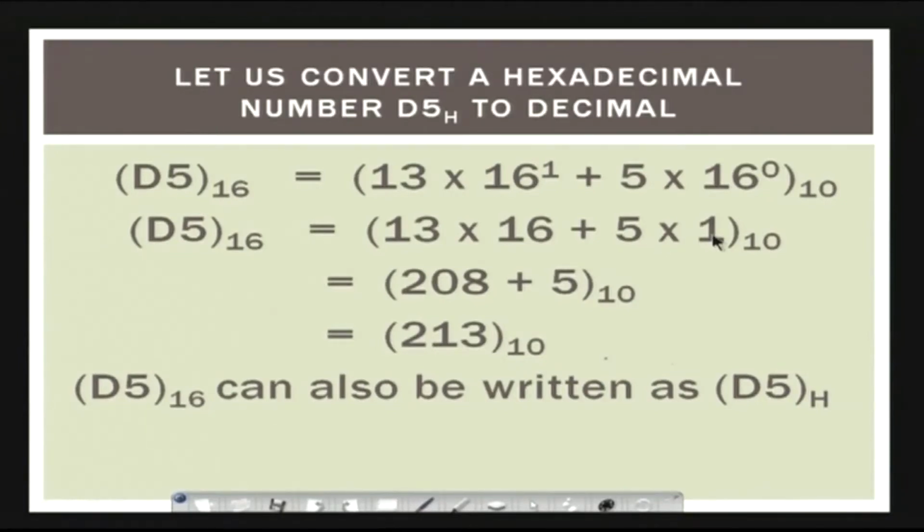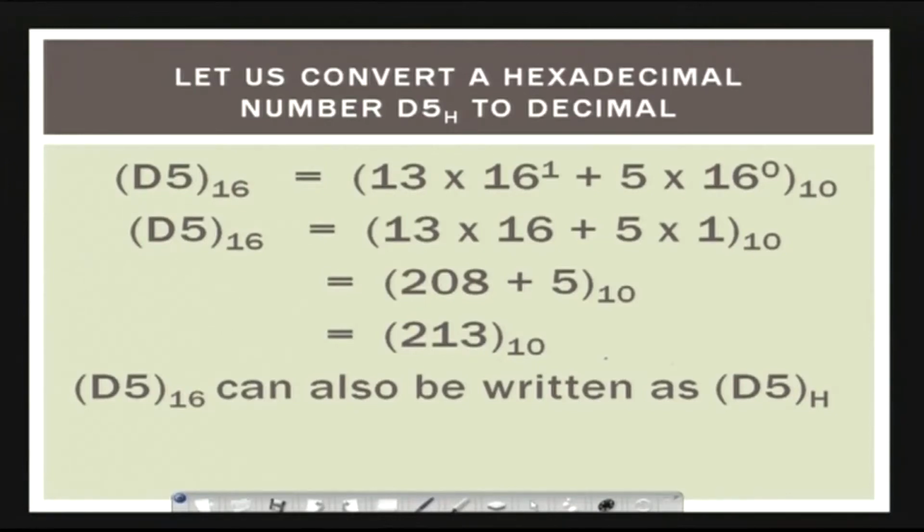So we get 5 into 1 and 13 into 16. 5 into 1 gives you 5, whereas 13 into 16 gives you 208. When we add the two, we get 213, which is a decimal number. So this D5 in hexadecimal form gets converted to 213 in decimal.